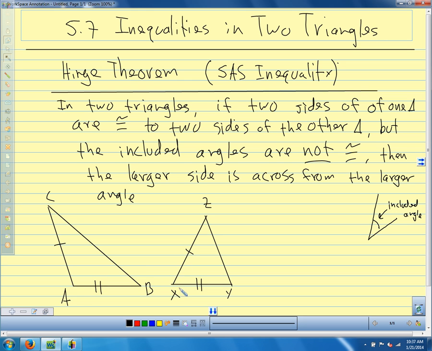So angle A and angle X are not congruent. So what this is telling us is that if the measure of angle A is greater than the measure of angle X, then CB is greater than ZY. This side is longer than this side because this angle is bigger than that.